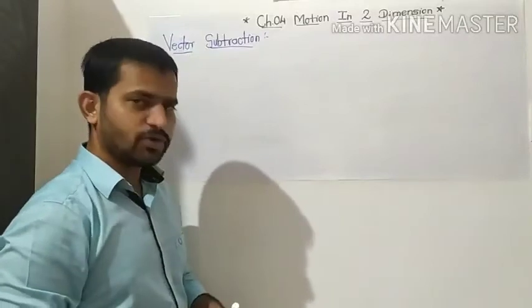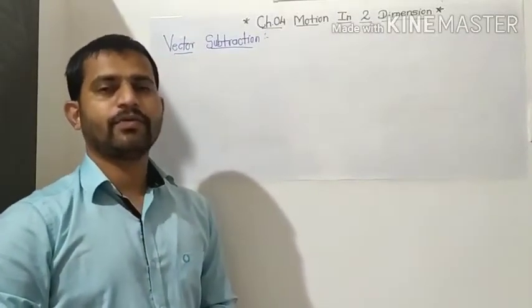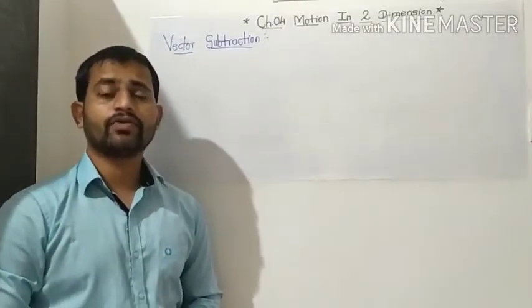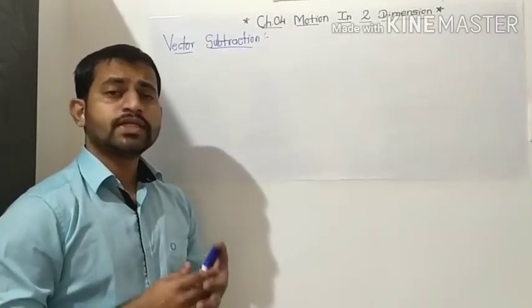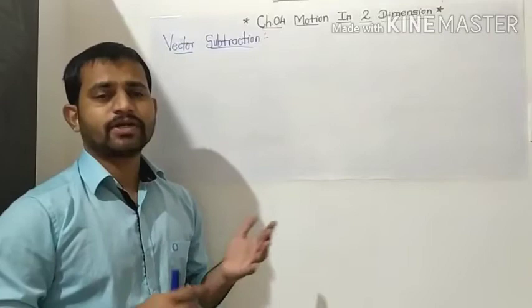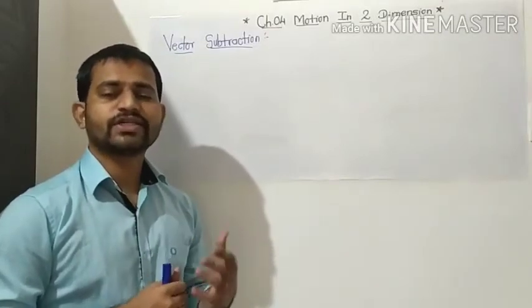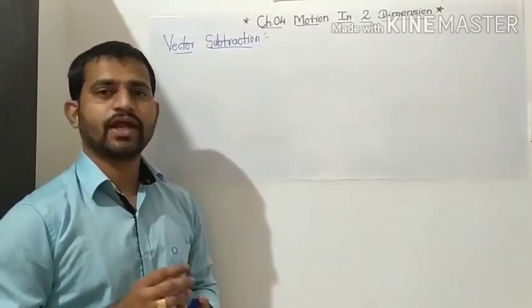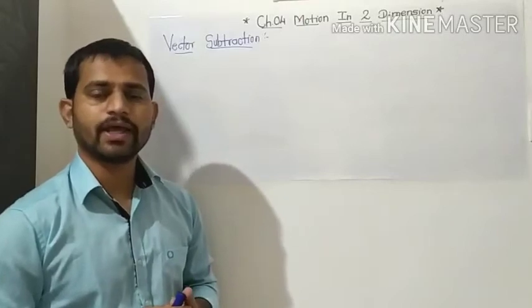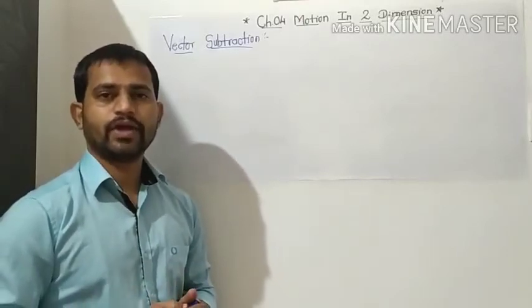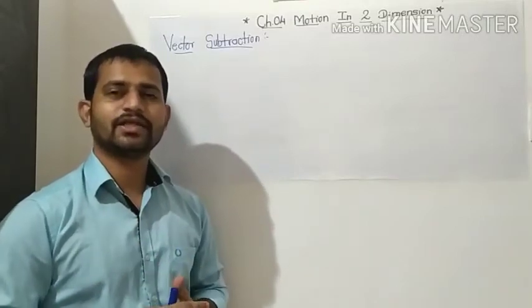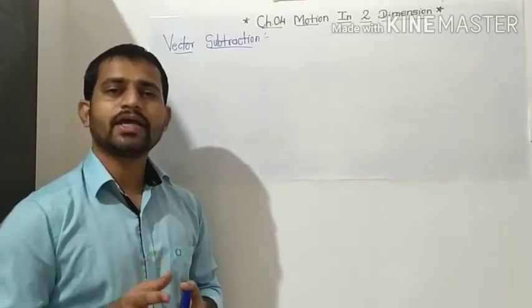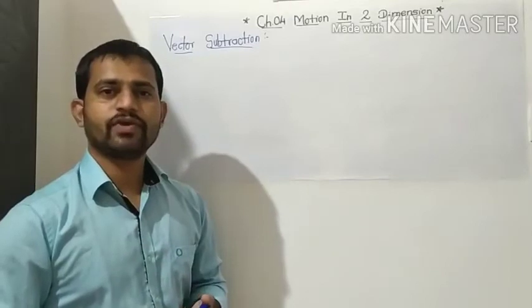Suppose we have two vectors, vector A and vector B, and we have to subtract them. Then we apply the same rules as for addition, just reversing the direction of any one vector. Vector subtraction is nothing but vector addition by changing the sign of any one vector.